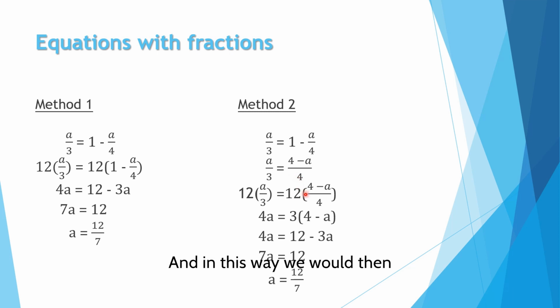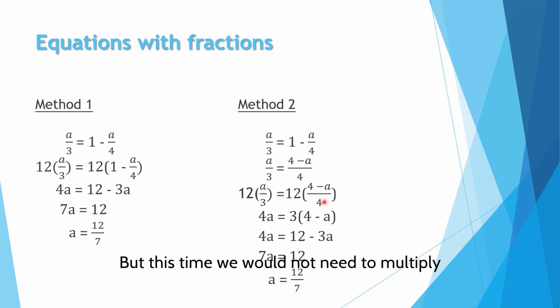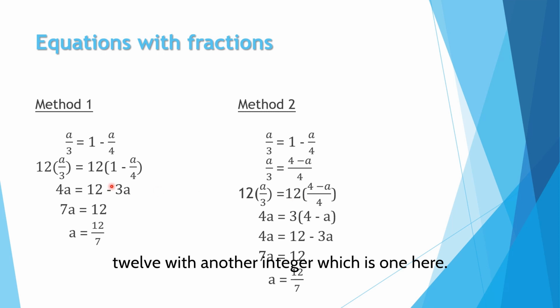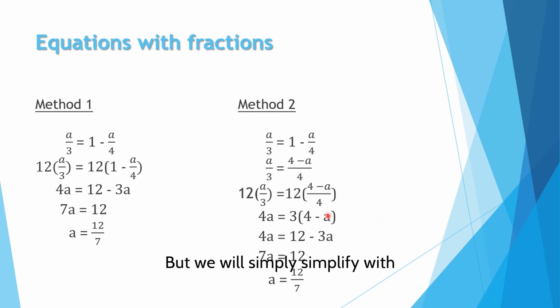And in this way, we would then naturally multiply both sides by 12. But this time, we will not need to multiply 12 with another integer, which is 1 here. But we will simply simplify with the denominator of the whole unit.